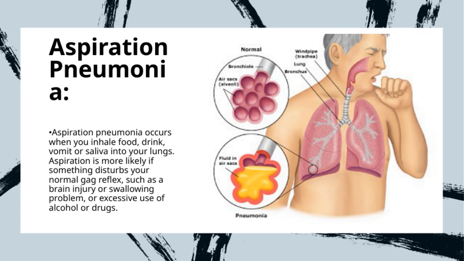This can happen due to brain injury, or if you have difficulty swallowing, which is quite common in certain health conditions. Additionally, excessive use of alcohol or drugs can impair your ability to protect your airway, making aspiration more likely. Understanding these factors is important because preventing aspiration is key to reducing the risk of pneumonia, especially in vulnerable populations.